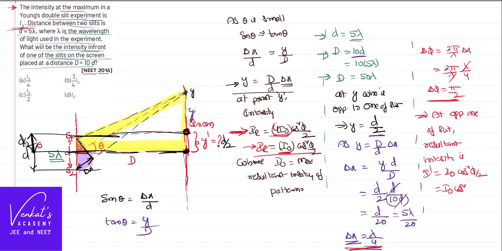So, I naught cos square, phi we have found as pi by 2, and there is another 2, that will be pi by 4. So, I naught cos square pi by 4. You know, cos pi by 4 means cos 45. Cos 45 is 1 by root 2, square is there. So, that is I naught by 2. So, the intensity at that point is I naught by 2.